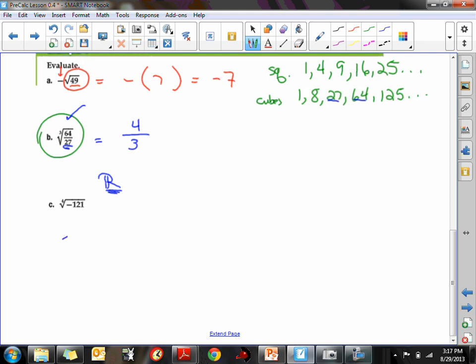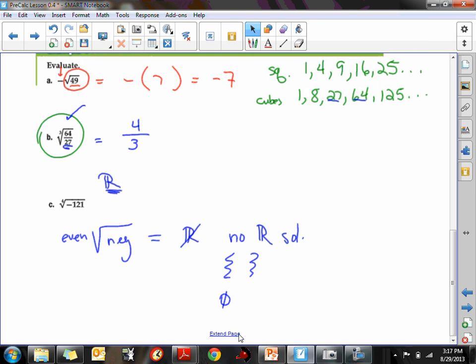If you take an even root of a negative number, you will never get a real answer. So it is not a real number, so we just say no real solutions. We also learned that we could write it as an empty set or a null set. There's nothing there that would work. So that being said, that kind of gets us started with this lesson. I'm going to break this off now.